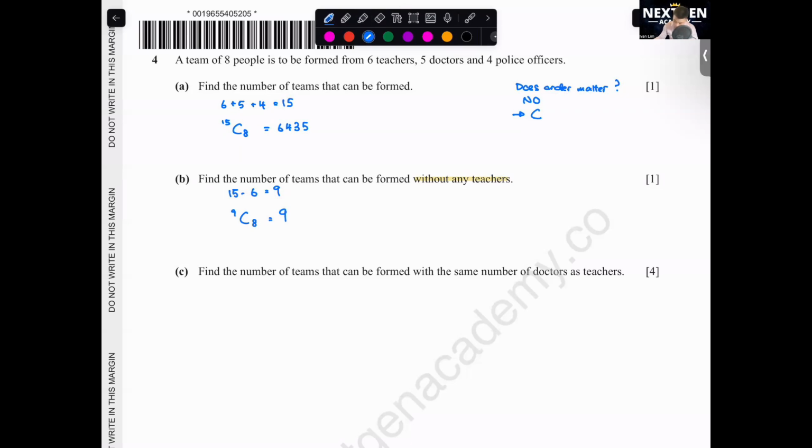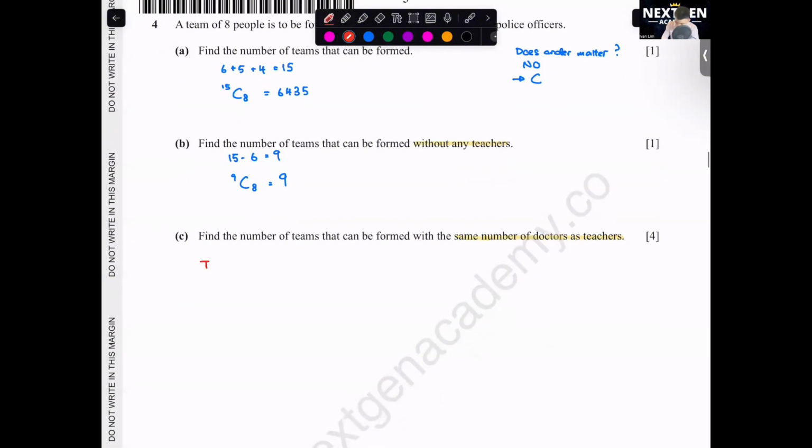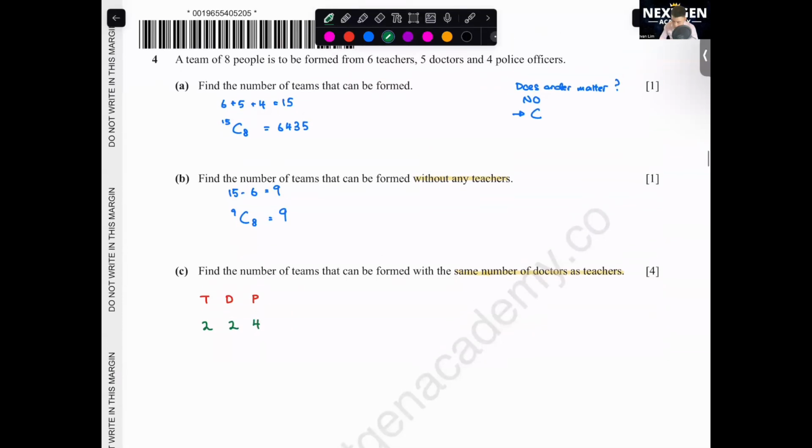Question C. Find the number of teams that can be formed with the same number of doctors as teachers. So we define this first. How many teachers, how many doctors, and how many police officers do we want? So I just put here: teacher, doctor, police officer. How many can we select? I can put 2 teachers, 2 doctors, 4 police officers.